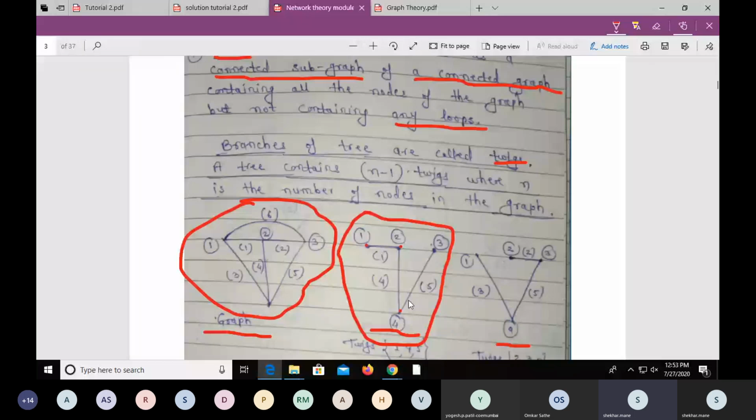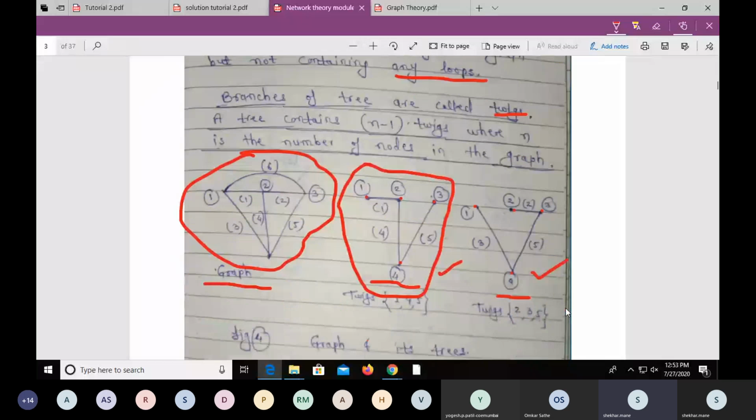All nodes are connected, but it does not contain any loop. So this is called a tree. This is a tree and this is also a tree. All the nodes are connected, but there is no loop.